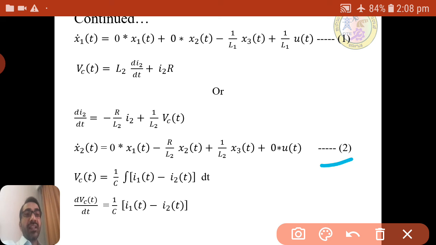Then again, consider the last term. Vc of t is equal to 1 by c integration of I1 of t minus I2 of t. So the earlier one we considered with respect to the second state variable, and this one is with respect to the third state, that is Vc of t. If you take the derivative, Vc dot of t is 1 by c into I1 of t minus I2 of t.